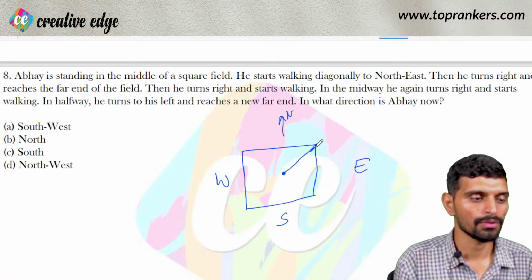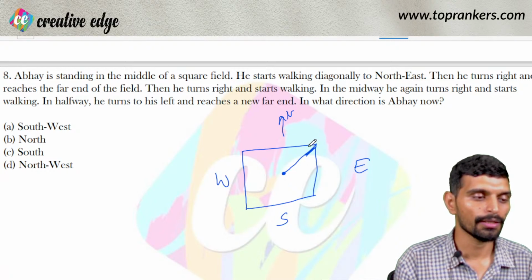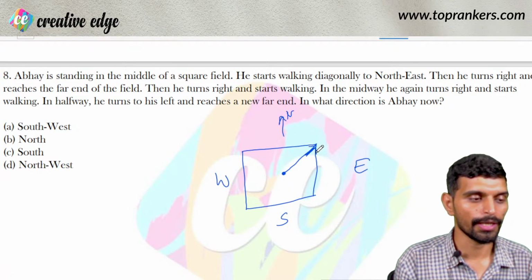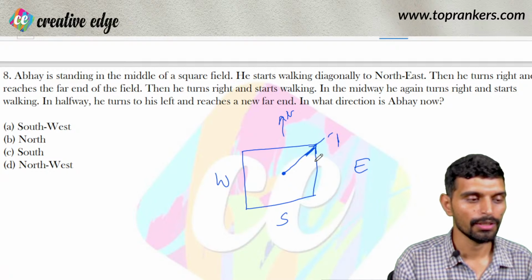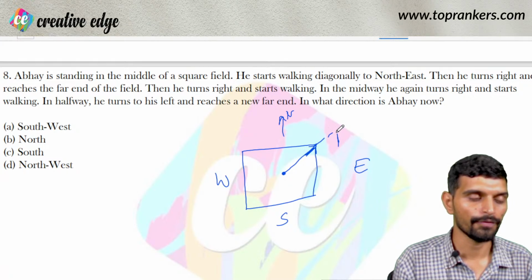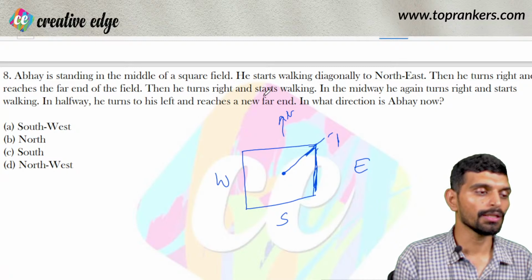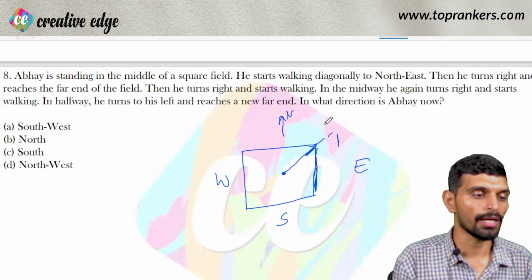So he was walking in this direction. He takes a right. Let's say he is going towards south after taking a right, and then he turns right again and starts walking.